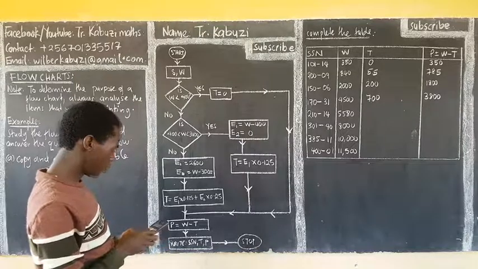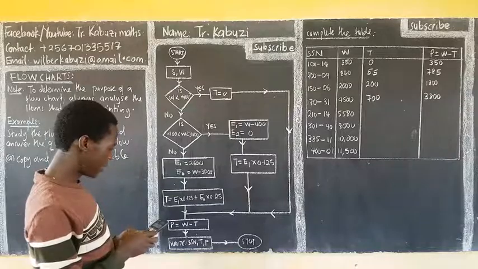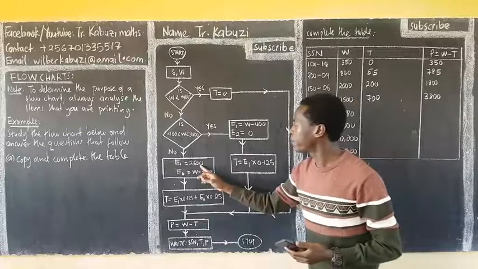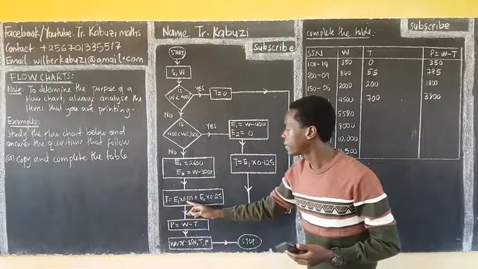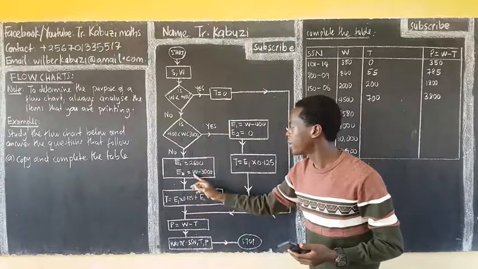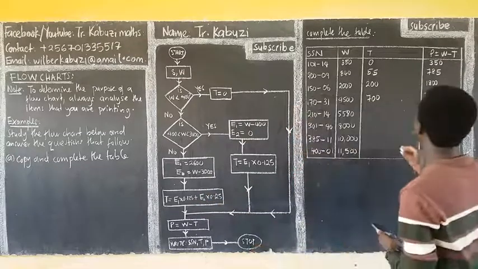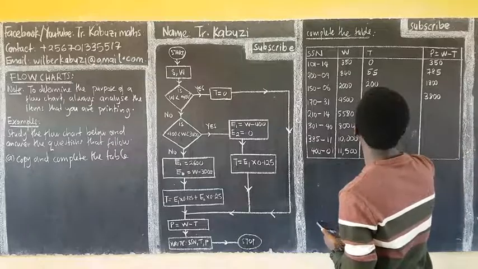So the answer I'm getting here, after getting this E, put this E here, times this, then plus W minus this. The answer you get, multiplied with this, I'm getting 970.